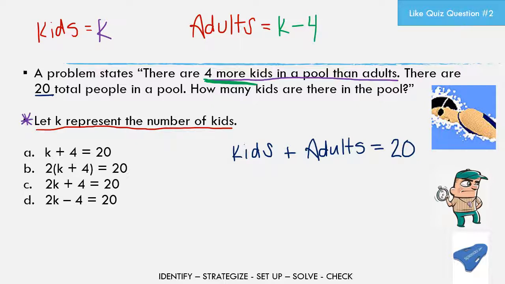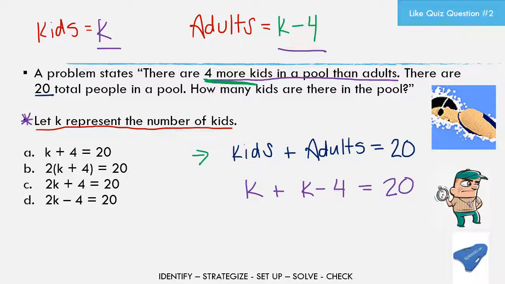So now if we go down to here and we take what we created, K and K minus 4, and plug it in for the kids and the adults, what we have is K plus K minus 4 is equal to 20.